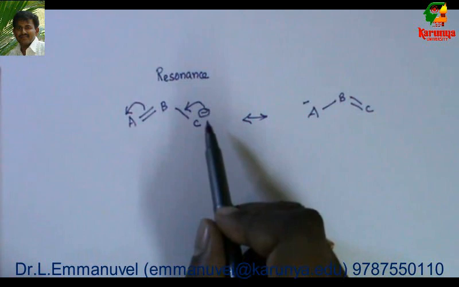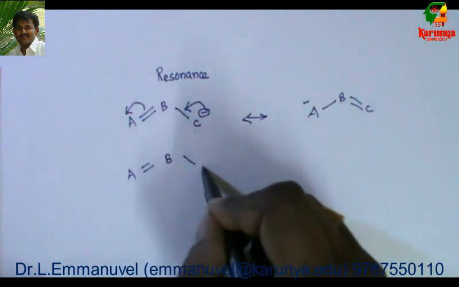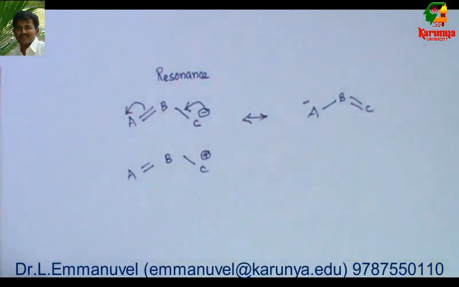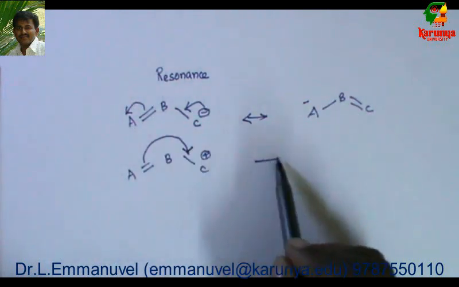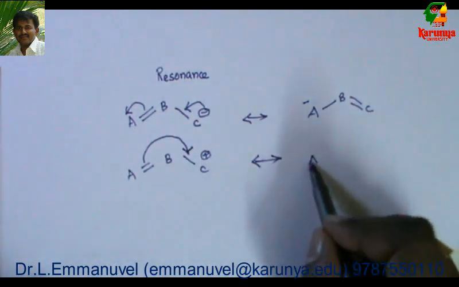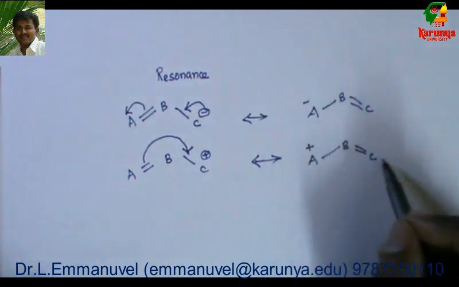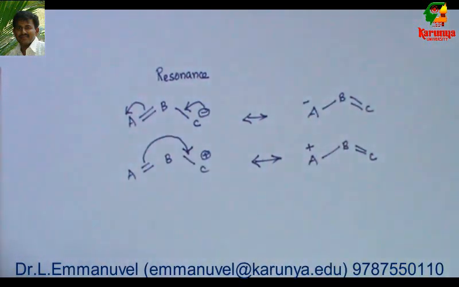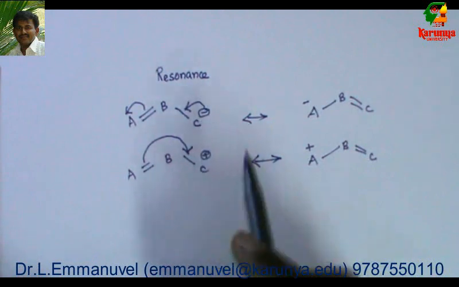Not only minus charge, it may be positive charge also. Carbocation. Then this bond will fall here, and what we get is A plus. Remember, the arrow always should go from the nucleophilic position to the electrophilic position.